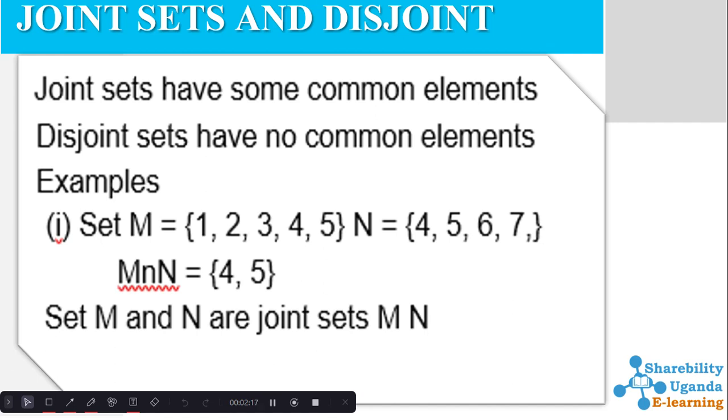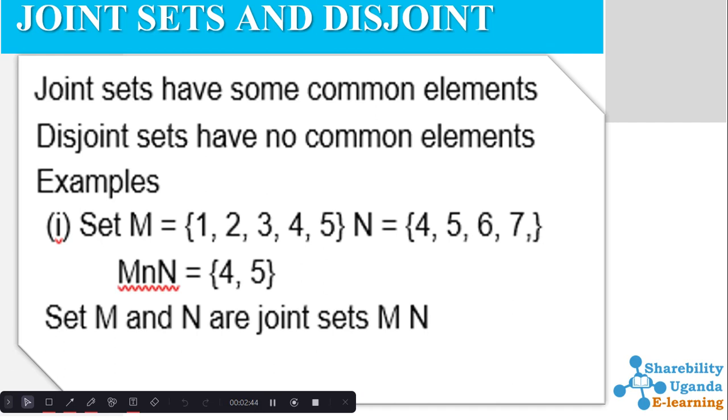All right, let's go direct to our definition. Here we are defining a joint set as a set that is having some common elements. We said elements can be members, items, or objects, something of that kind.